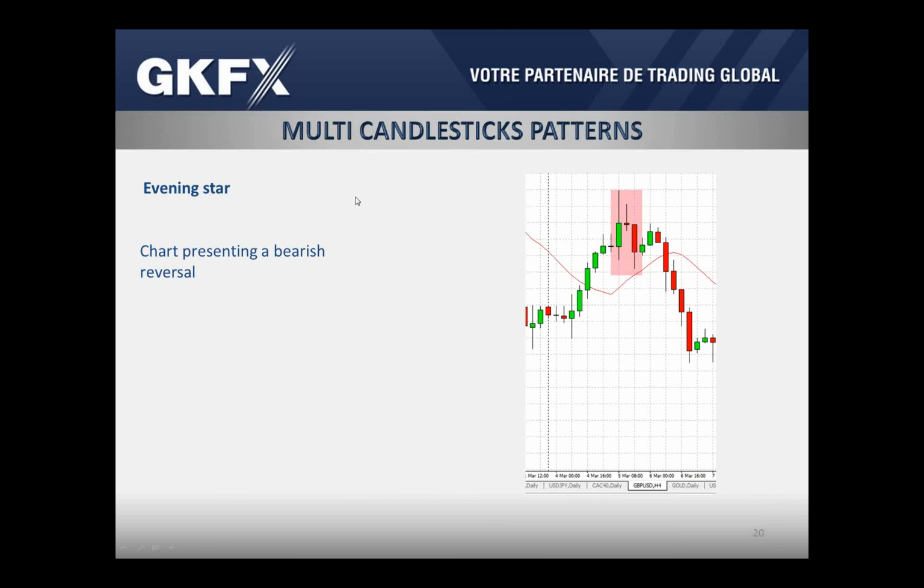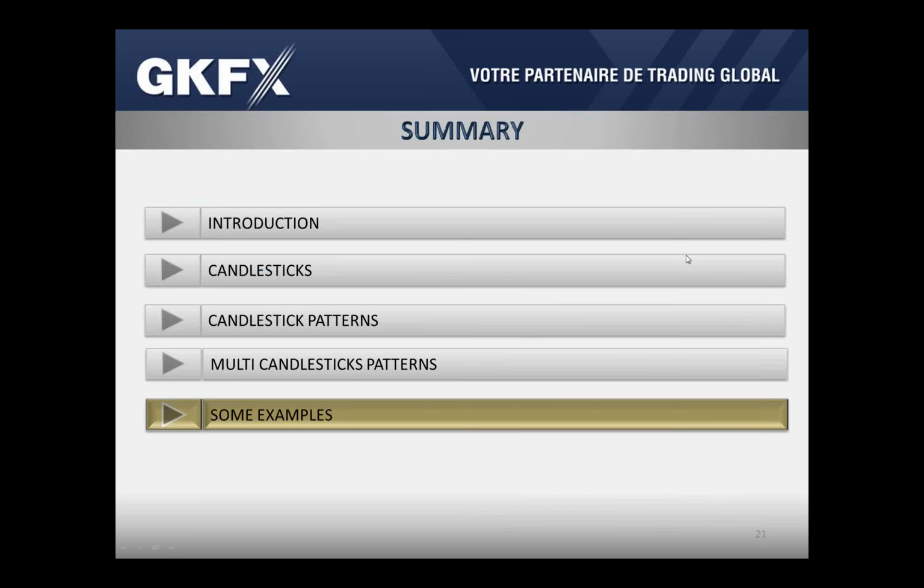It's quite the same pattern, but this time the first candlestick is a massive bullish candlestick, then a short body or a doji, and finally a massive bearish candlestick. And this pattern announces a bearish reversal from a bullish trend to a bearish trend. Okay, it was quite reliable this time.